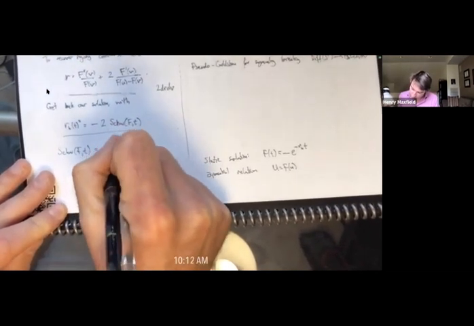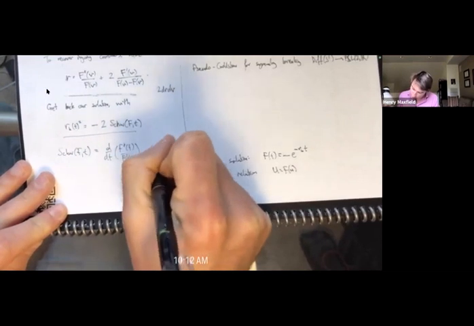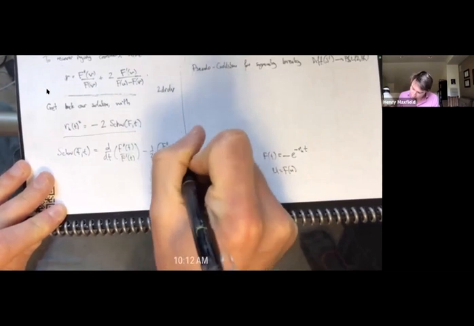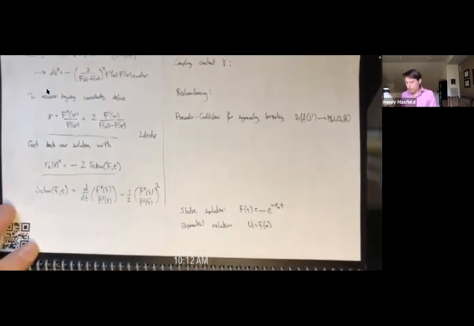If you're not familiar with this, you can write it like this: f double dash of t over f dash of t, minus a half f dash of t squared.